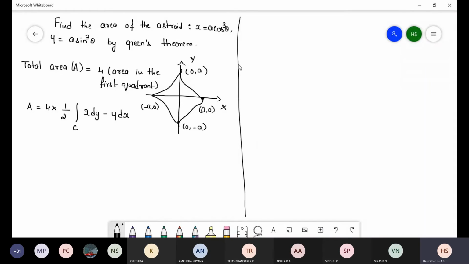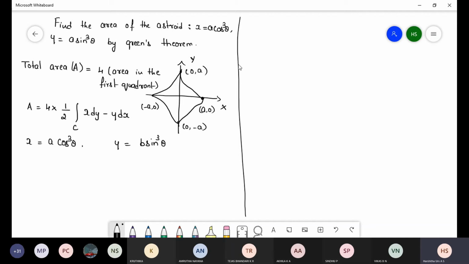Now the x value is already given in the question, a cos cube theta, y value is a sin cube theta. Now we have to find out the necessary terms.